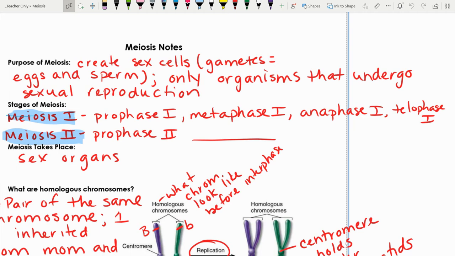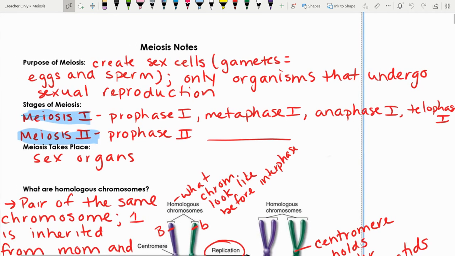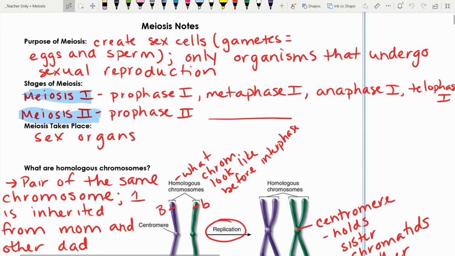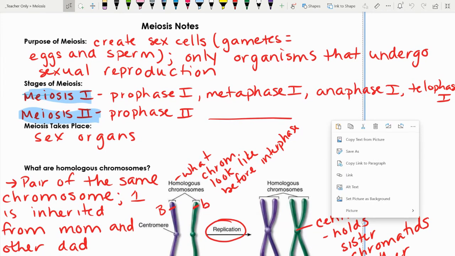Now, there's going to be some new terminology that we're going to introduce that you're going to be using as far as even going into genetics, which is our next unit. Homologous is one of those terms. So first question is, what are homologous chromosomes? They're the pair of the same chromosome.